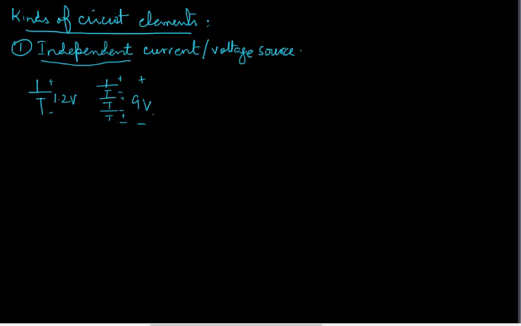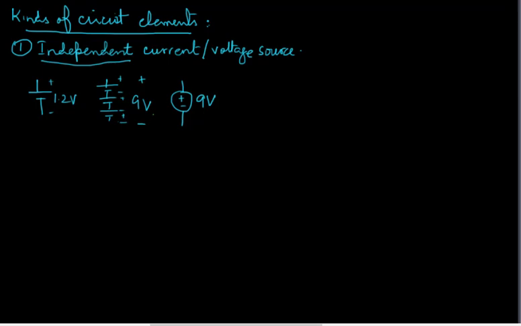There is another symbol for representing these kind of sources, for example, 9 volts. This is another symbol for representing voltage sources which are independent. So these are all independent voltage sources.